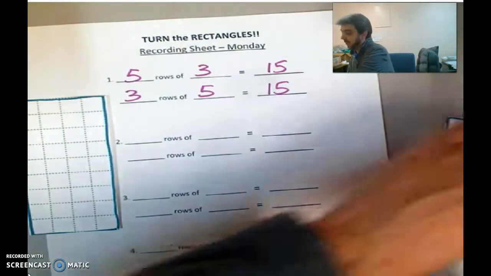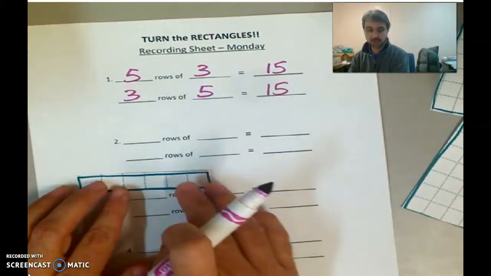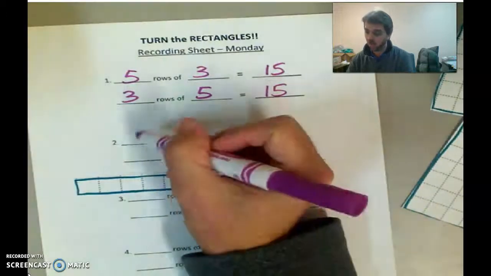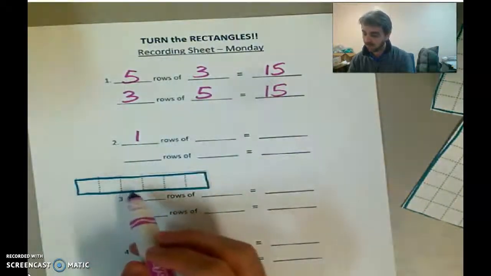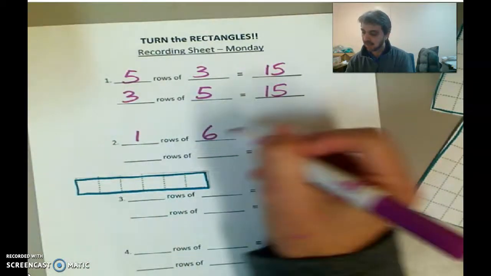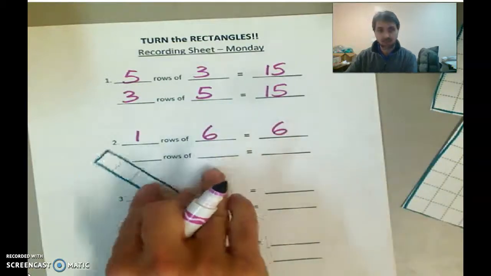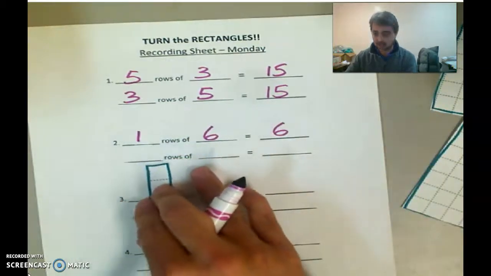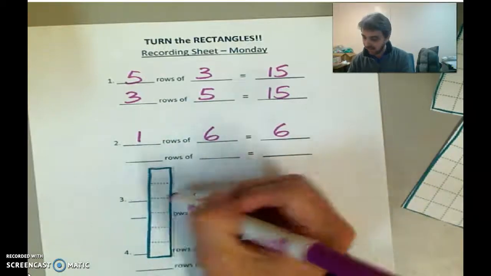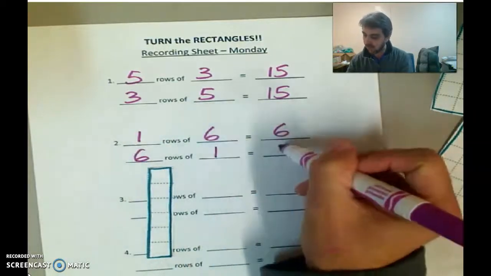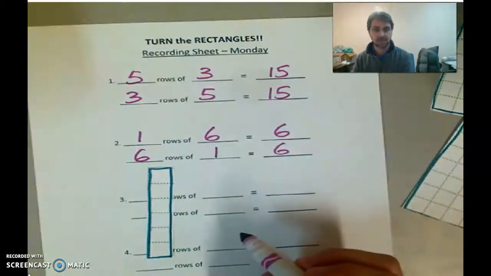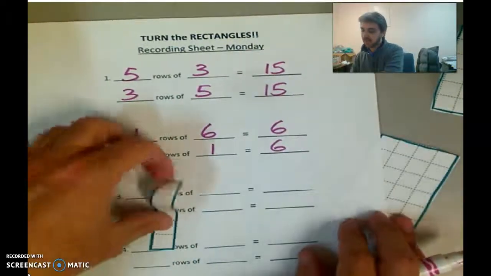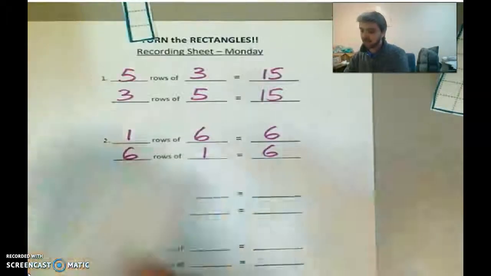If you have one that looks like this, because I kept rolling a 1, you have 1 row of 1, 2, 3, 4, 5, 6, which gives me 6. But if I turn it like this, now I have 6 rows of 1, which also gives me 6. Okay, and then you would do the same thing with your other 2 rectangles.